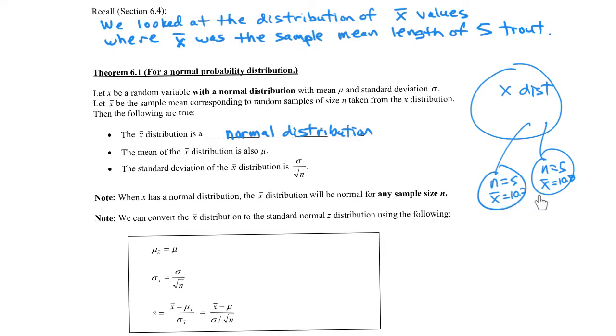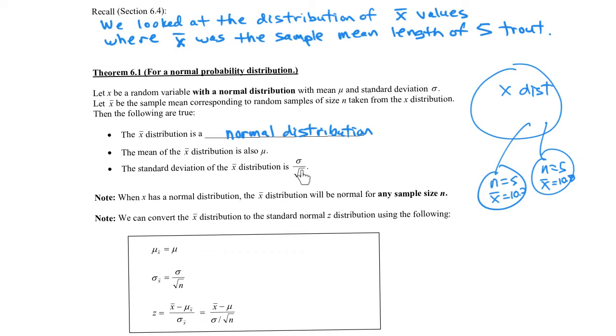There's less variation here because all the large or small samples would get averaged out with other values. So you can see right here, this x distribution has a standard deviation of sigma. Well, for the x bar distribution, you take sigma and you divide it.